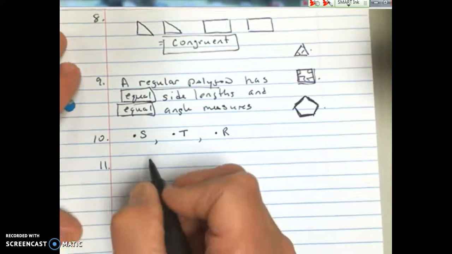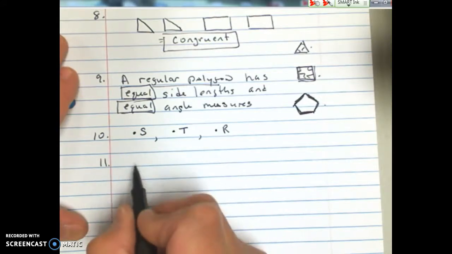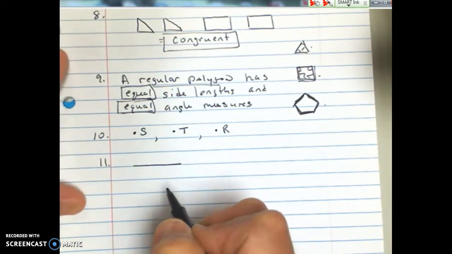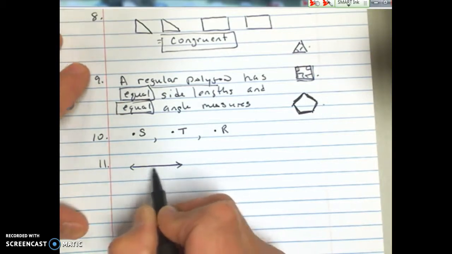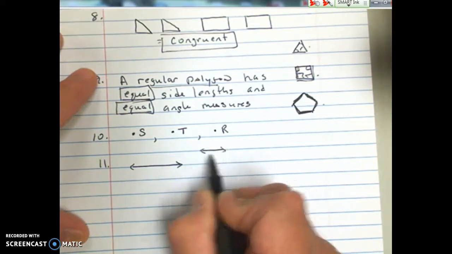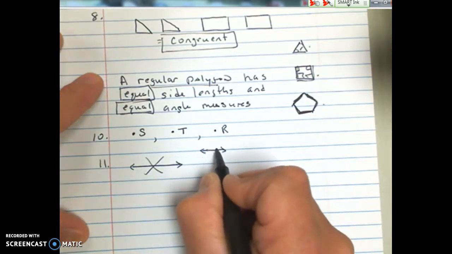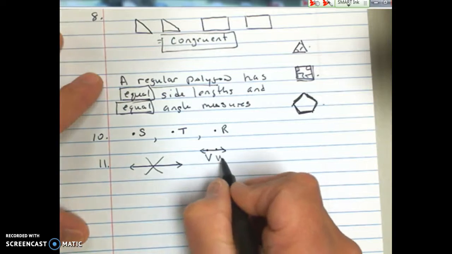Number 11, we want a horizontal line that goes through point V. Horizontal means across, like the horizon, and it has to go through point V. So a little line, and it has to have V. So line VW.